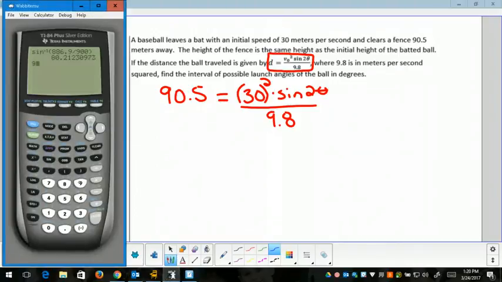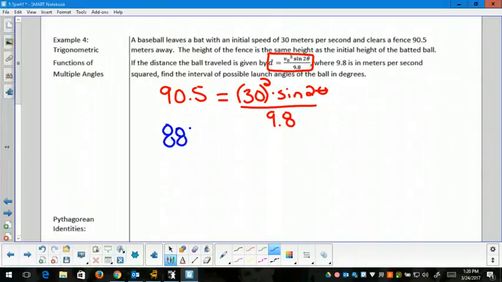We get 90.5 times 9.8, which gives me 886.9. This gives me 30 squared, which is 900, times sine of 2 theta. Next, to solve, I'm going to divide by 900.